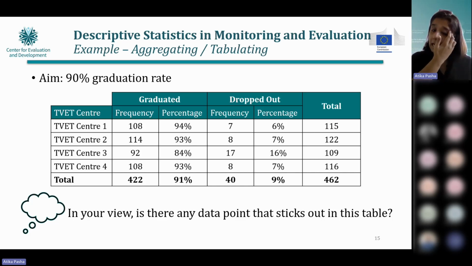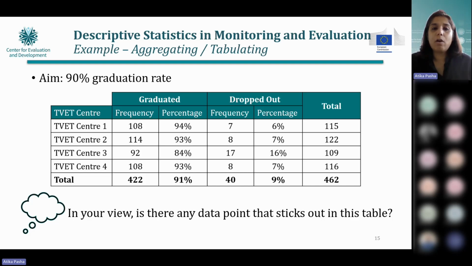Now let's look at an analysis that is again tabulating a variable that is described in percentages or proportions. And this is the graduation rate. Now, our aim, if you remember, our specific goal was to have 90% of our enrolled students graduate.